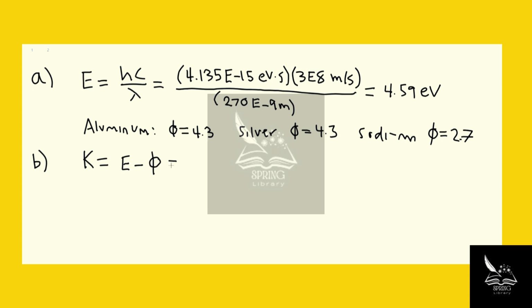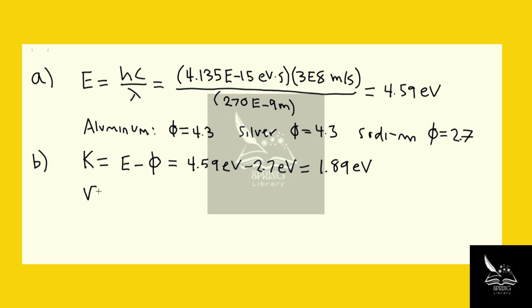So we can actually solve for what that kinetic energy would be. It'd be 4.59 eV minus 2.7 eV, which results in 1.89 eV. This is the maximum kinetic energy of photoelectrons we can get from the various materials at this particular lambda.